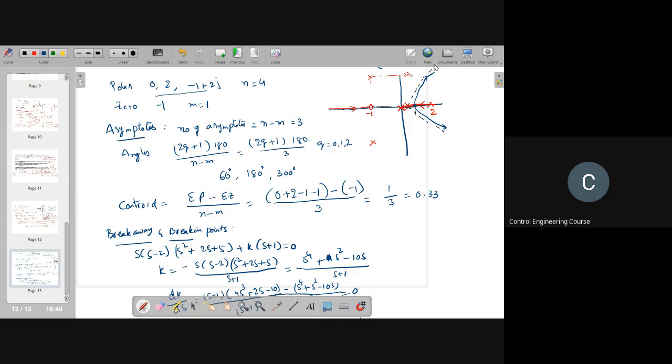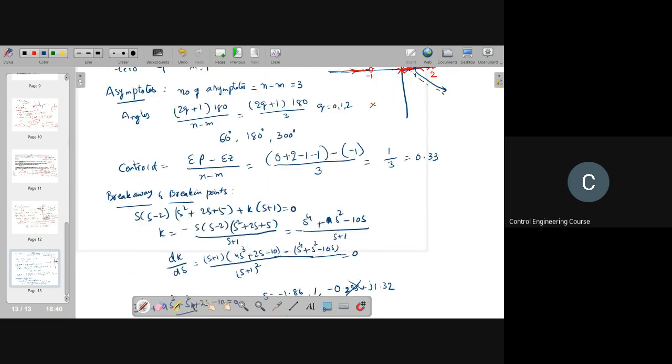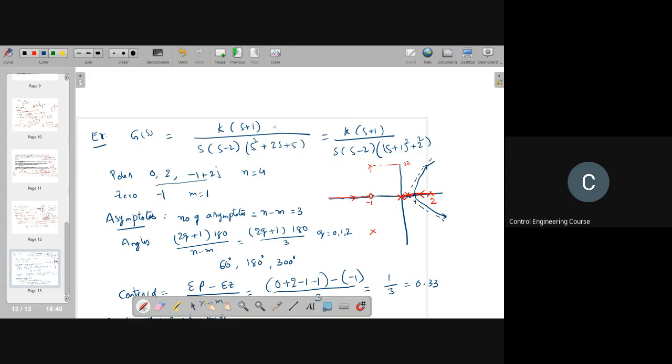Then there is one more point, the break-in point, that is minus 1.86, which will be around here. So these roots meet at this point, one going in this direction and another in this direction, meeting the zero. So this is the break-in point, and this is the breakaway point.